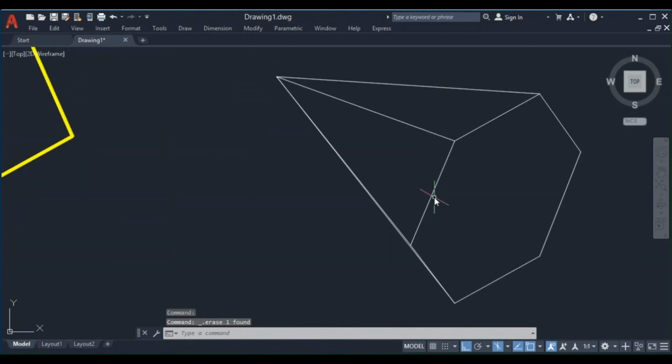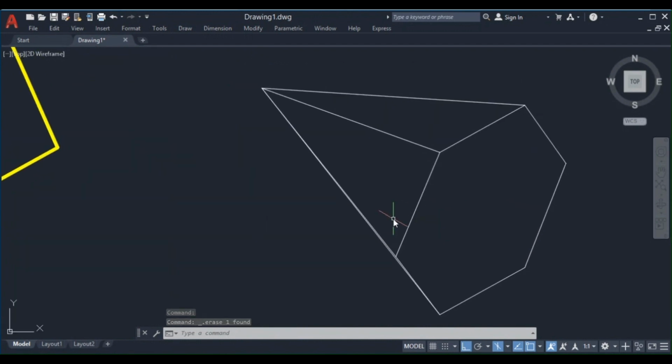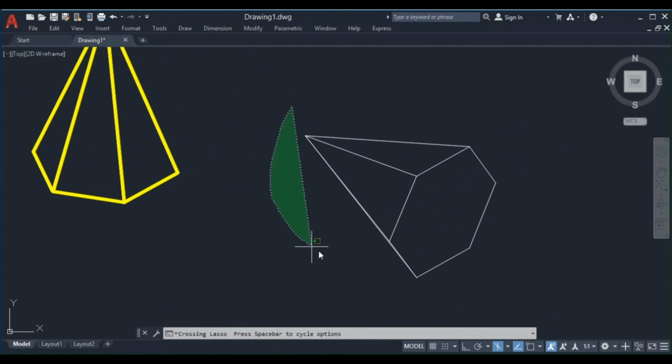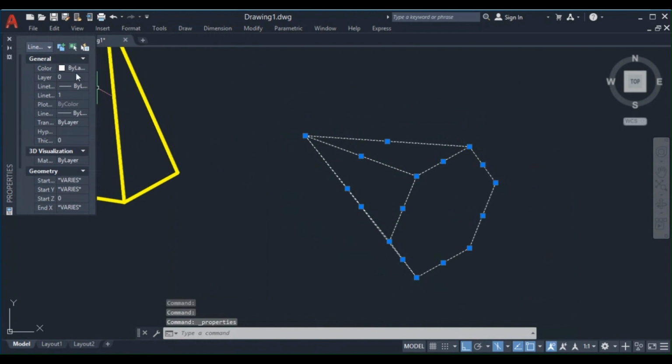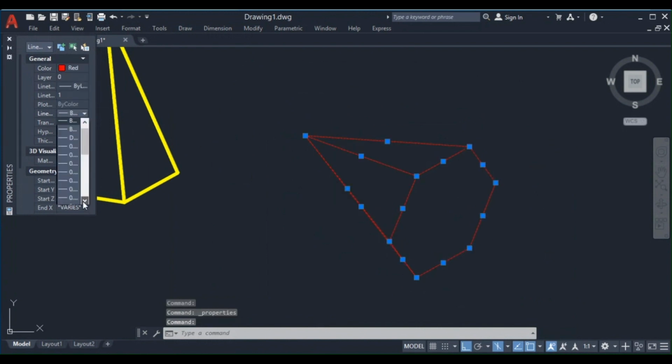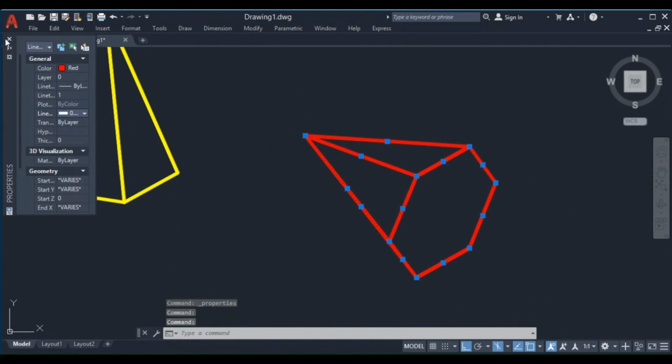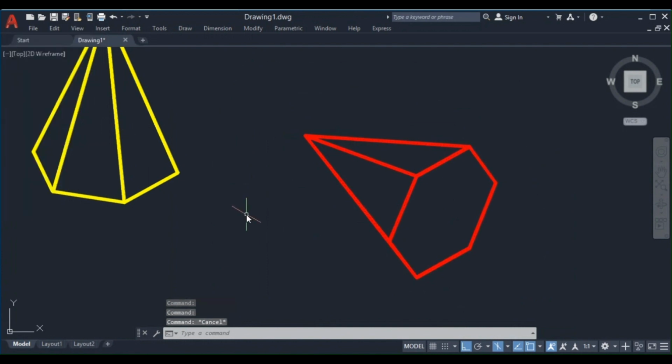So these are the portions which are visible. Are you able to follow? Yes, sir. They are the portions which are visible.